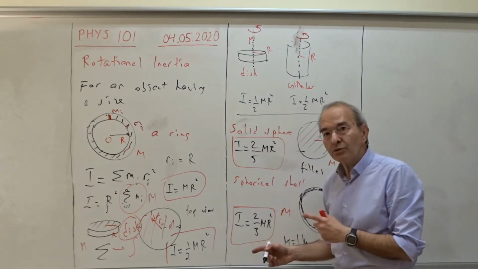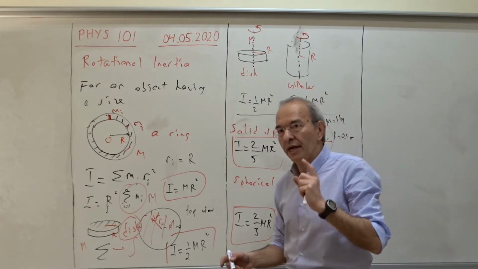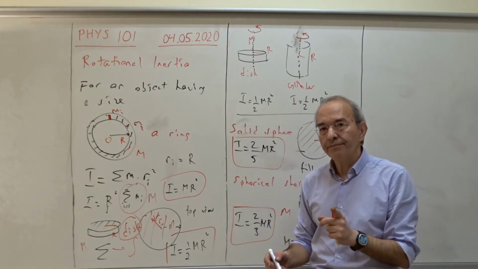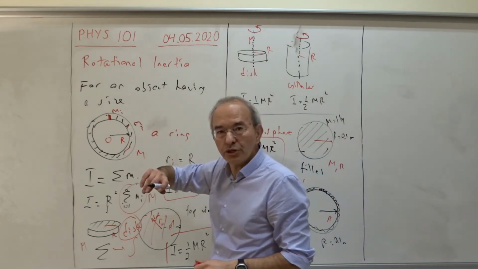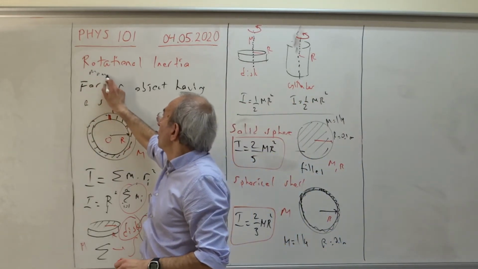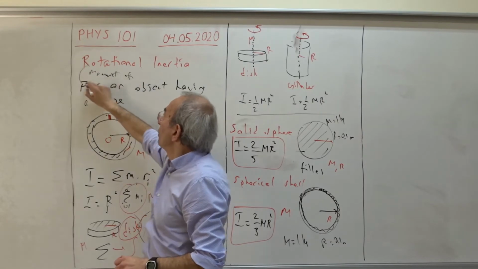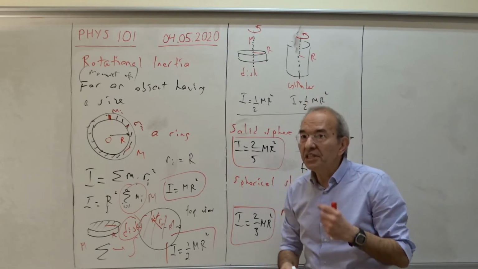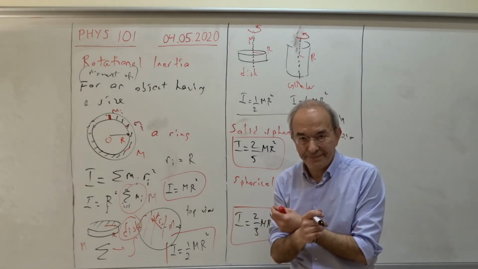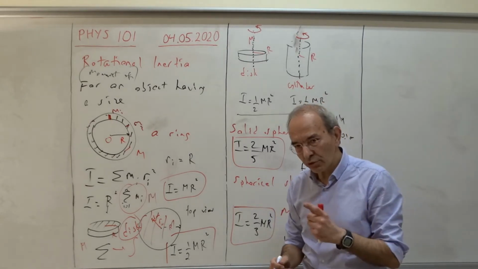But in rotational topics, the idea is the following: the greater the rotational inertia, also called moment of inertia, the harder it is to rotate. Not to pull, but rotate.